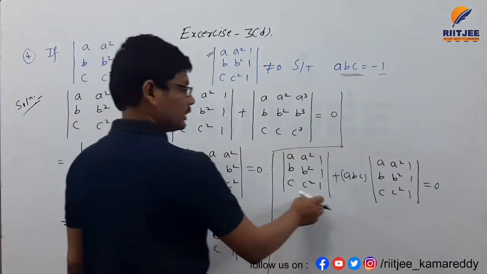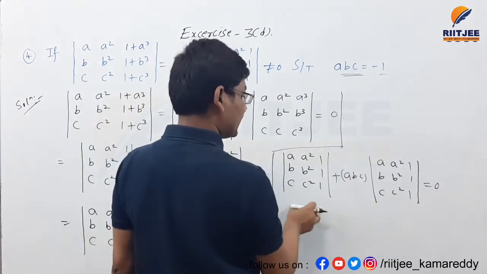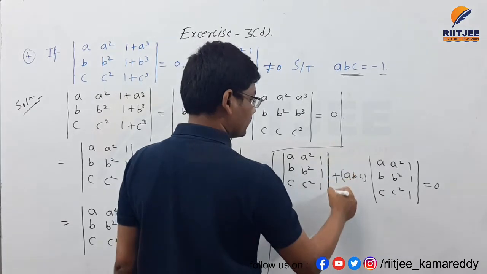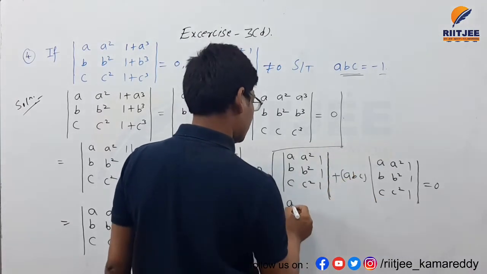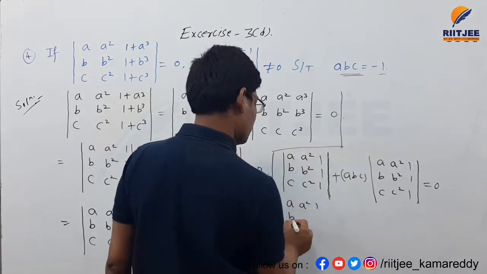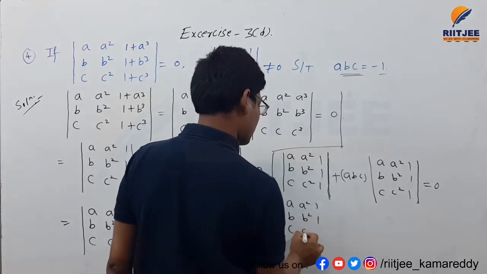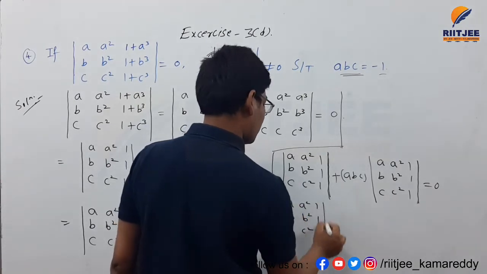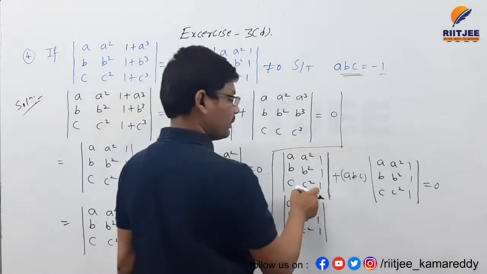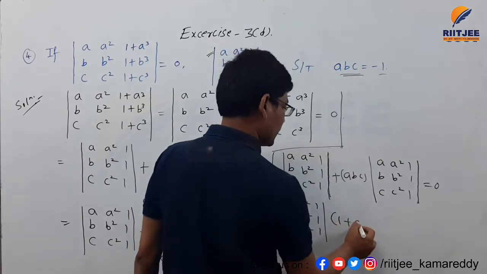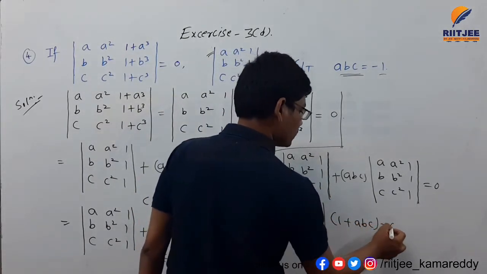Here in these two terms, this determinant is common. I am taking the determinant |a, a², 1; b, b², 1; c, c², 1| common here. The remaining term is 1 plus abc is equal to 0.